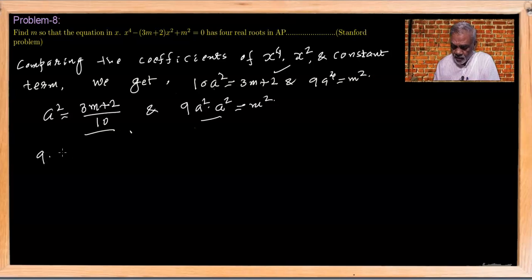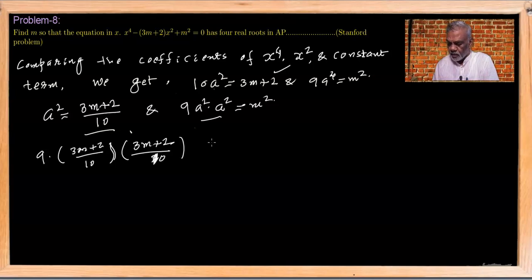9 into a square, that is (3m plus 2) by 10, into (3m plus 2) by 10, is equal to m square.